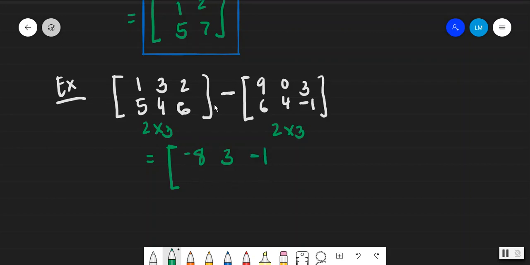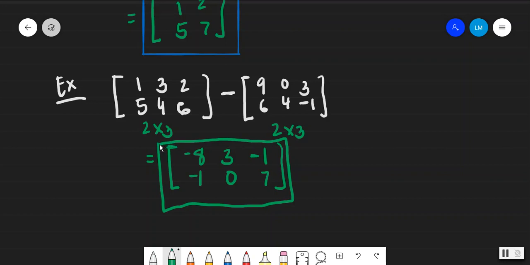Then 5 minus 6 is also -1. 4 minus 4 is 0. And then 6 plus 1 is 7. So we get that the matrix is as follows. It's no surprise that a 2 by 3 minus another 2 by 3 is still the same thing.